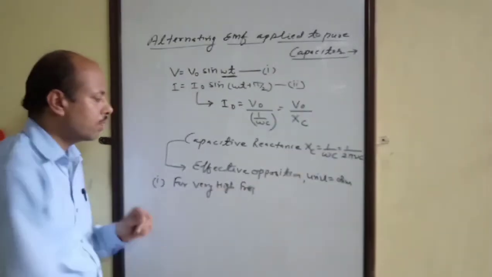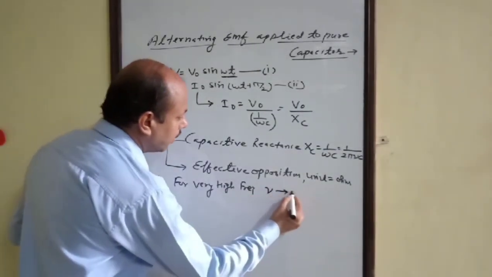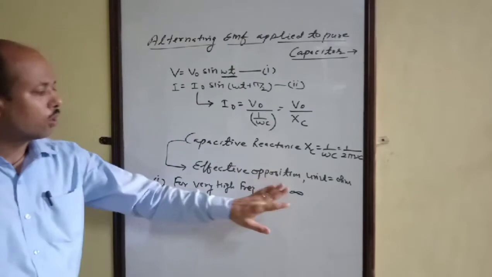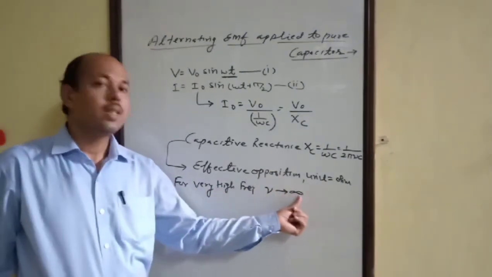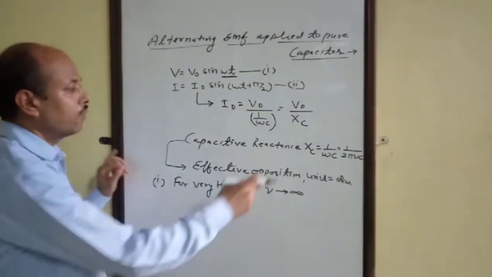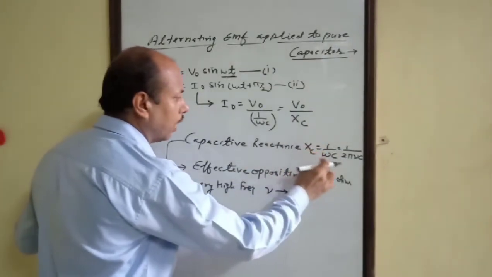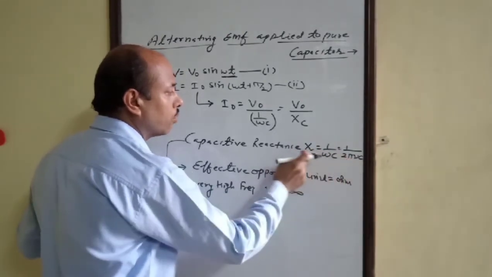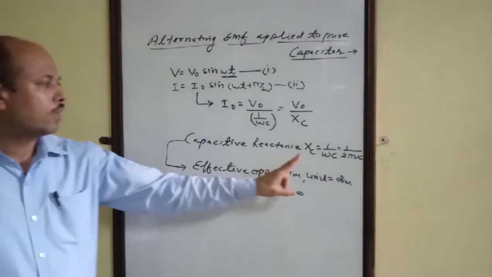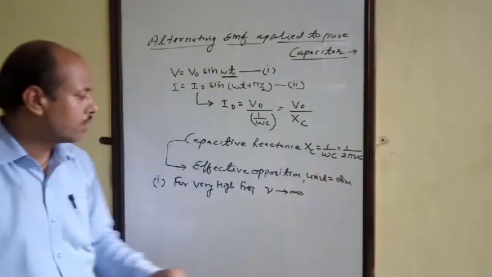For very high frequency, it means we can say nu tends to infinity. Also, nu is not infinity, but we are saying that the value of frequency is very high, and from this formula, it is very clear that Xc is inversely proportional to frequency.